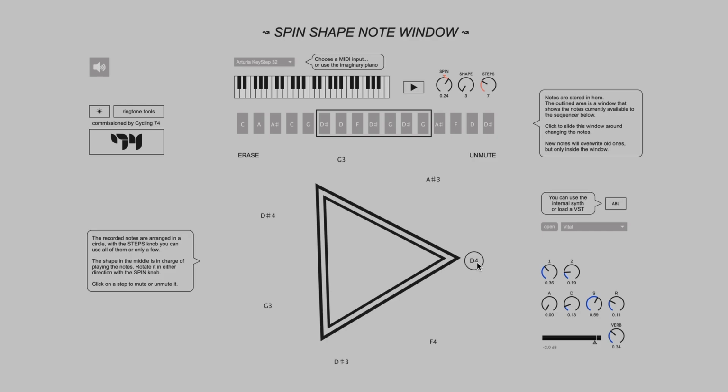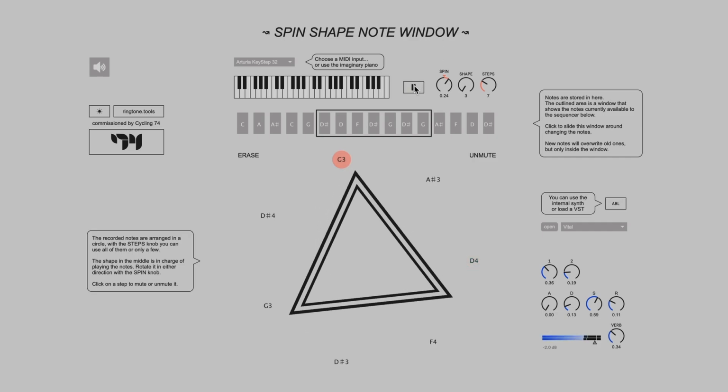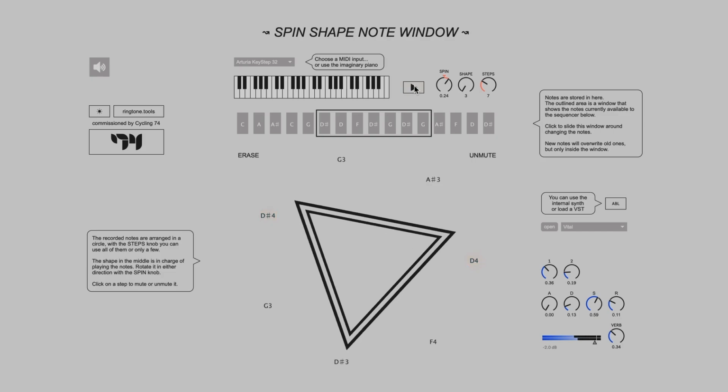And then around that shape are all of these letter names, each one representing a pitch. These are the steps of the sequence that form a circle around the shape, starting right here. And when the corners of the shape pass by a note, it will trigger. Like that.